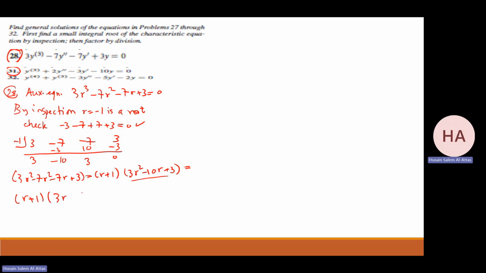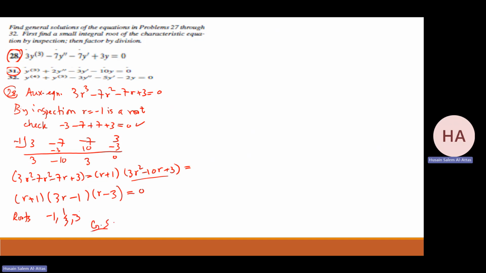Yes. 3r and r. I need minus 10, so I make it minus 3 and minus 1, which gives minus 10r as the middle term, and this is 3r squared. So roots minus 1, 1 over 3, and 3.